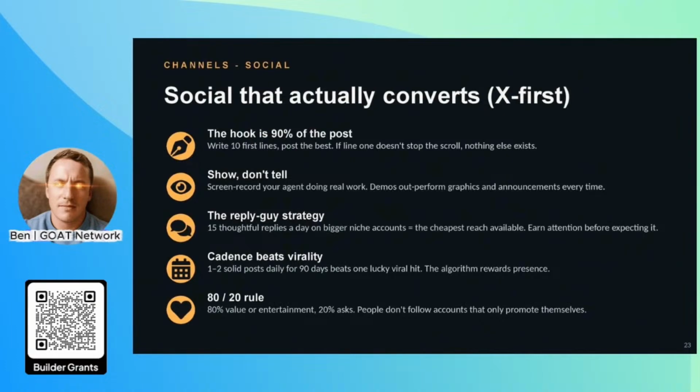And finally, we've got the 80-20 rule. 80% of your posts should be either useful or entertaining. 20% of your posts should be asking for something. People don't follow accounts that only promote themselves and ask for attention.